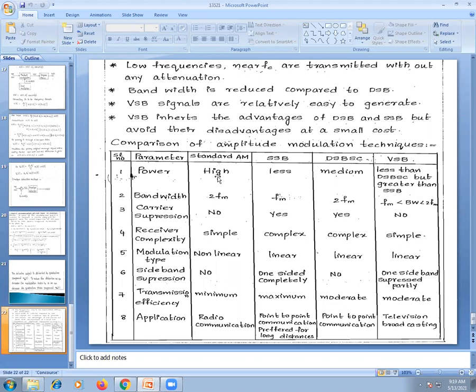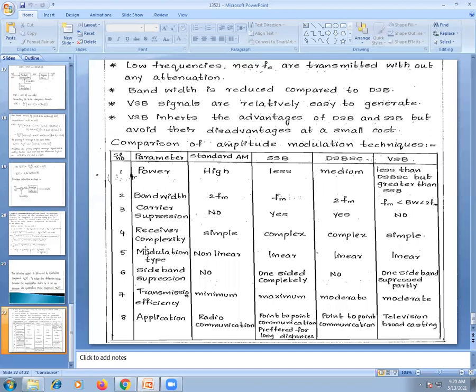Bandwidth is 2 FM in the AM, FM in the SSB, 2 FM in the DSB-SC, and in the VSB it is greater than FM but less than 2 FM. And carrier suppression: AM has no carrier suppression, SSB has carrier suppression, DSB-SC has carrier suppression, and VSB has no carrier suppression.